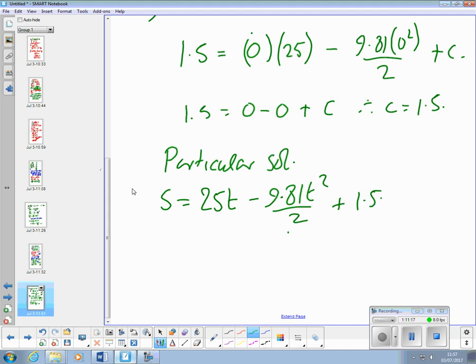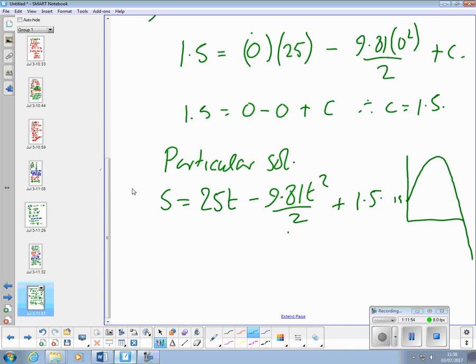And if you think about this problem, it's going to start here at 1.5 meters. It's going to go up and up and up until it stops going up, and then it's going to come down again until it hits the ground. Does that ring true for that equation you got there? Is that the right shape graph? Parabola, it's a quadratic, isn't it? It's got a squared term. Negative squared term means it's an upside down parabola.